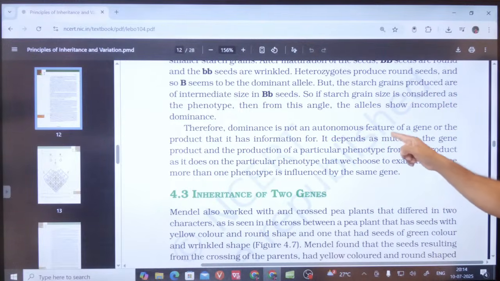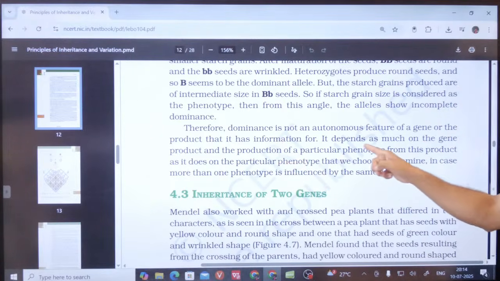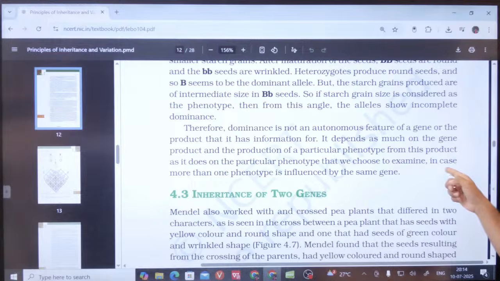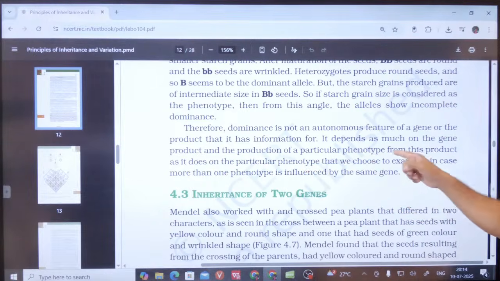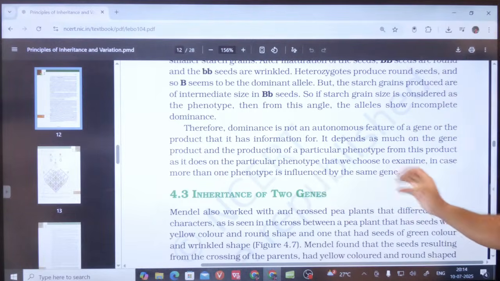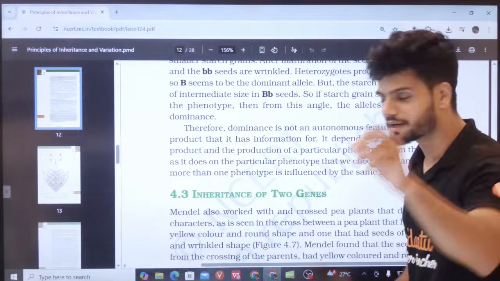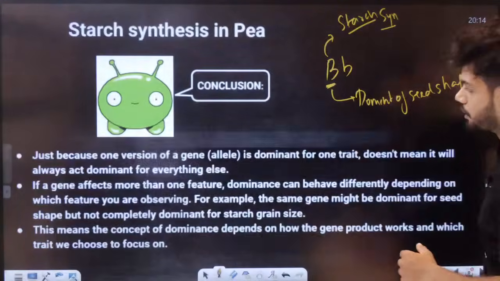It depends as much on the gene product and the production of a particular phenotype from this product as it does on the particular phenotype that we choose to examine, in case more than one phenotype is influenced by the same gene. Students, do you understand this paragraph? No, right? Let me break it down for you.